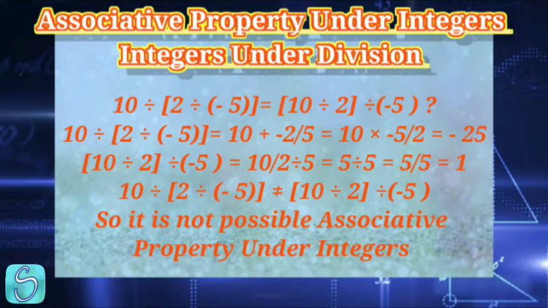So (10 ÷ 2) ÷ (-5) is unequal to 10 ÷ (2 ÷ (-5)). So the associative property does not hold under integers for division.